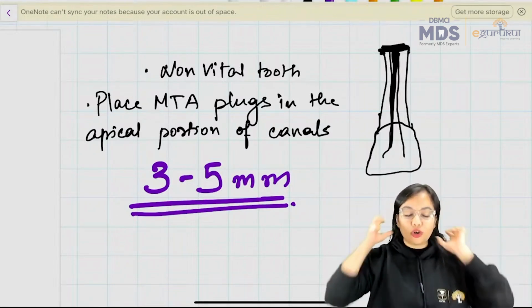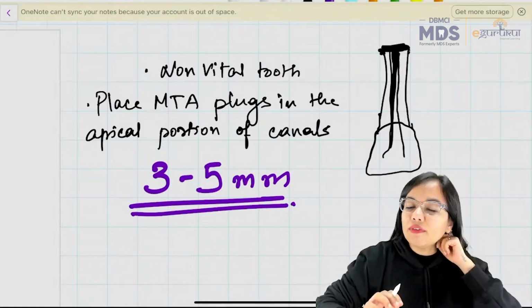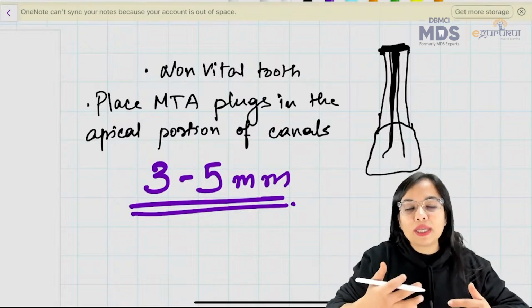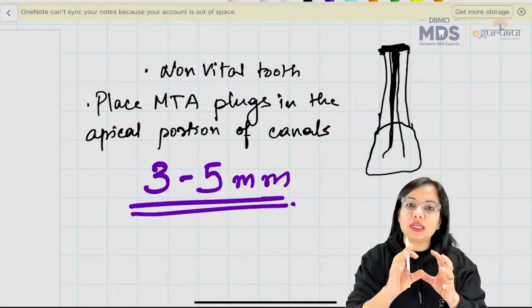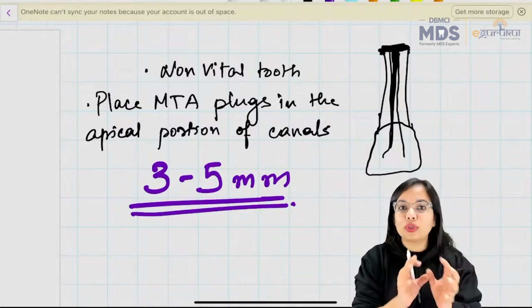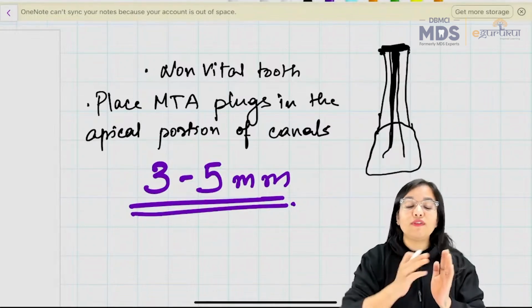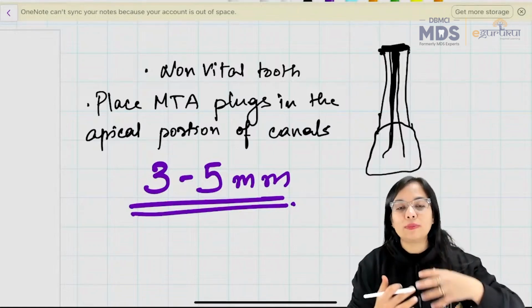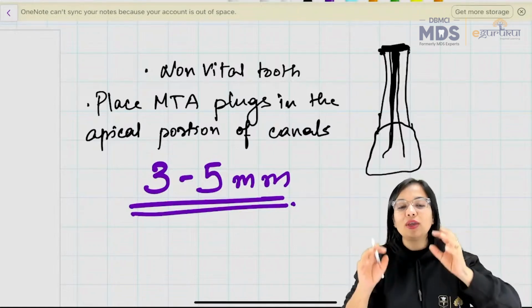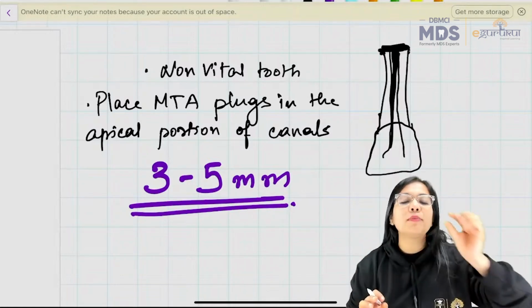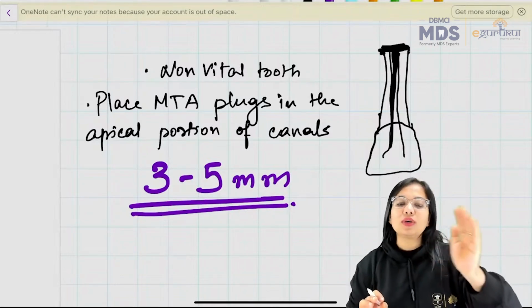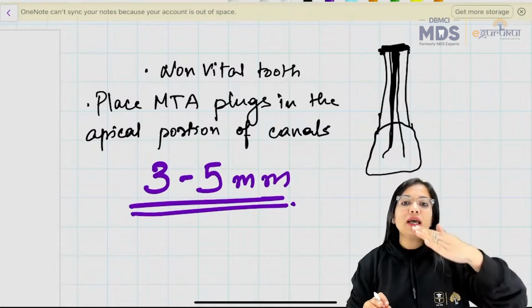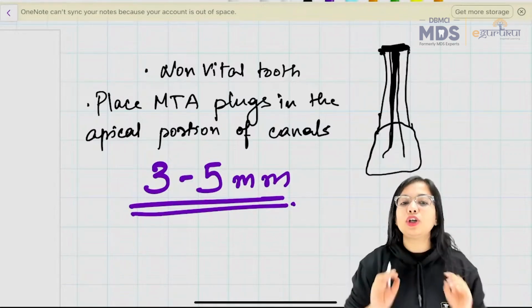Here I want you all to listen very carefully. Whenever you do apexification with calcium hydroxide, Metapex or Vitapex, you stuff one of these materials in the root canal, and then you wait for several months. You ask the patient to come for follow-ups, take x-rays, and one fine day you are able to confirm that a calcific bridge has formed. Now you can safely remove that material, and with that calcific barrier you can complete the obturation.